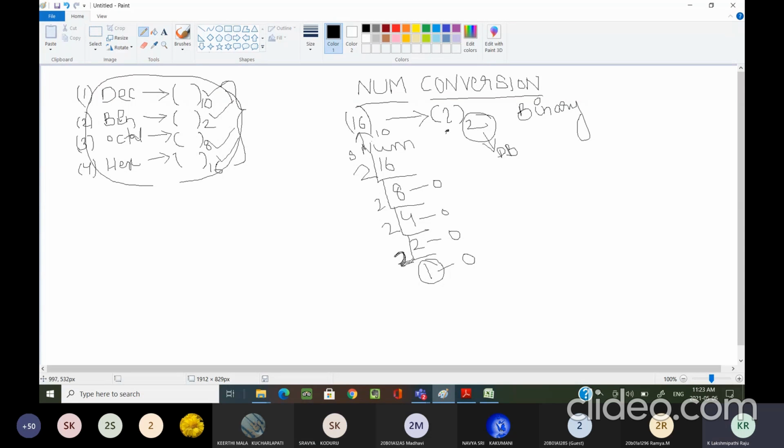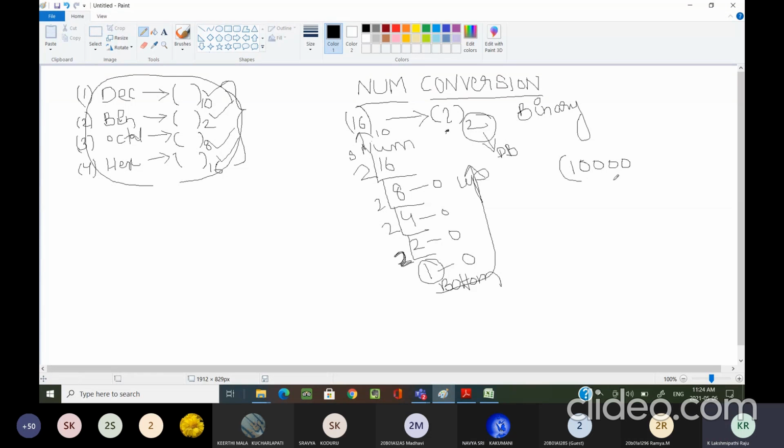After stopping here, we have to take these remainder values from bottom to top. This is the last value, or bottom value. Actually, we have to move from the last value upward and write all these remainders. One, and how many zeros are there? Four zeros.